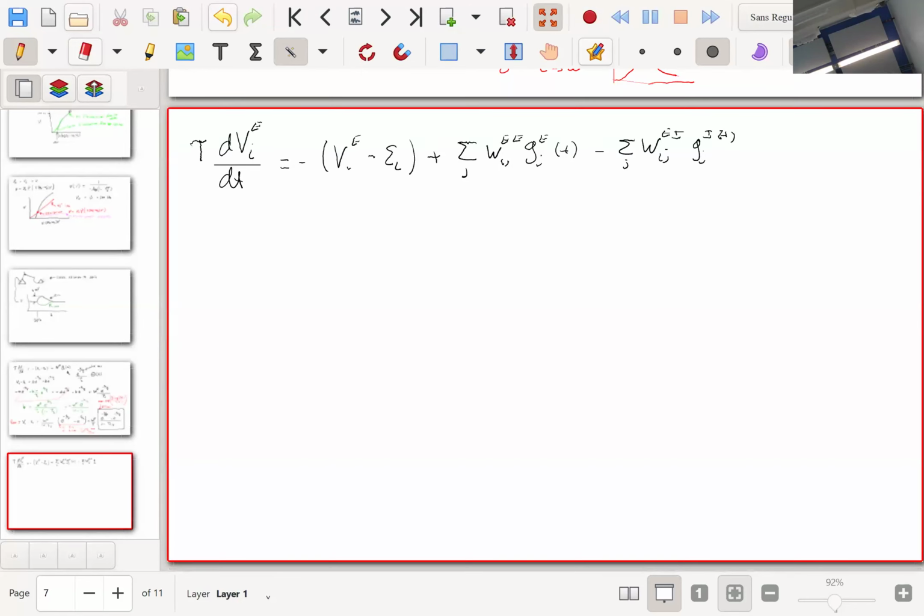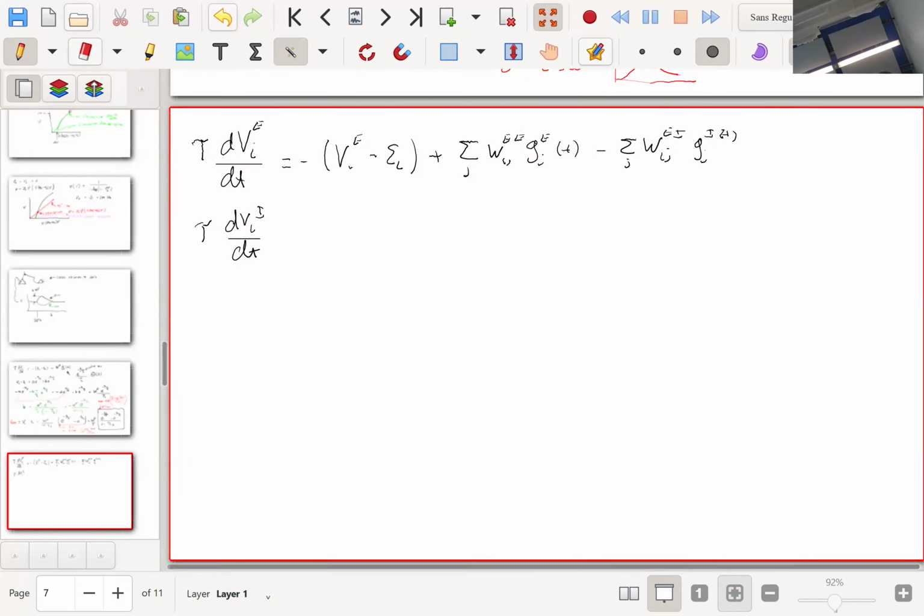There's going to be another equation for tau dV_I/dt. And the difference is that we're going to have, instead of E here, I for the I neuron equation.